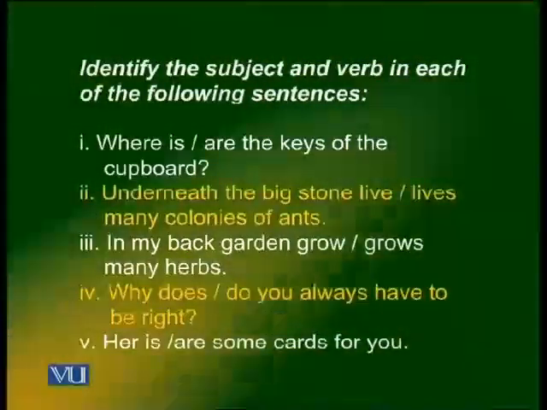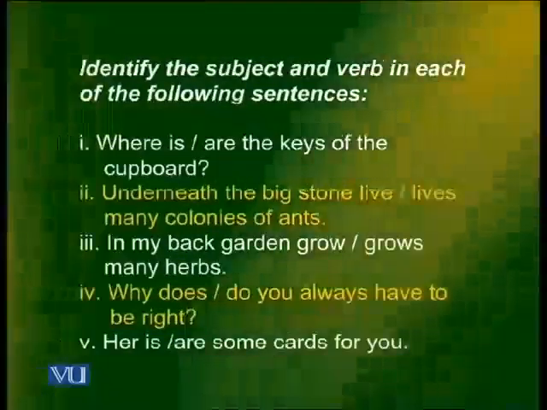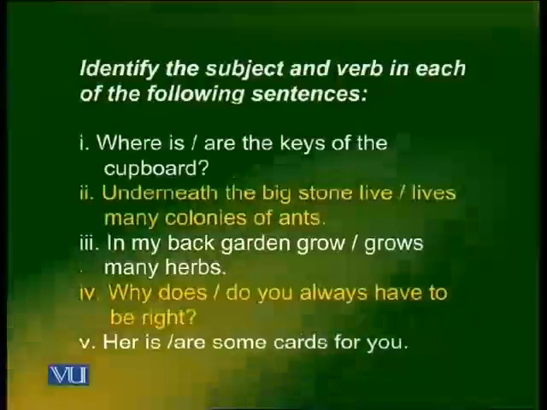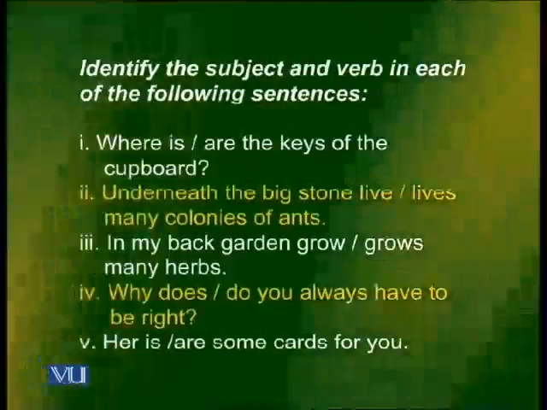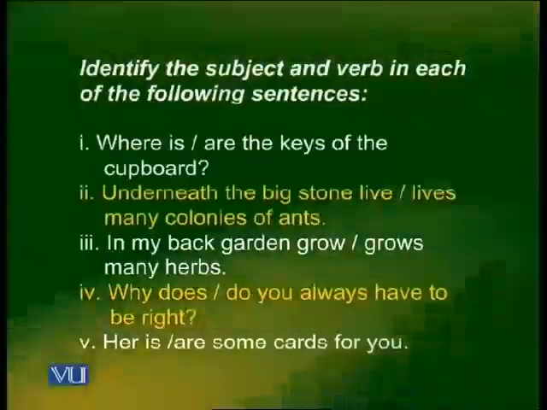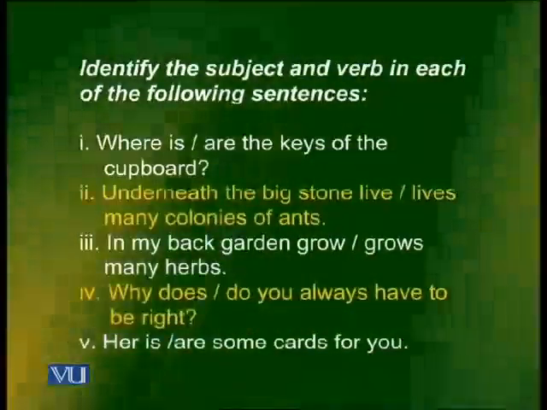So the verb comes before the subject, which is you. And number 5, here is or are some cards for you. The subject is cards. Cards is in the plural. So you have to choose the plural form of the verb, and that is are.